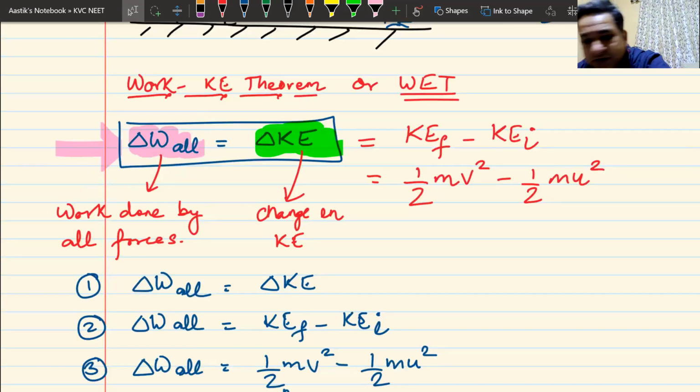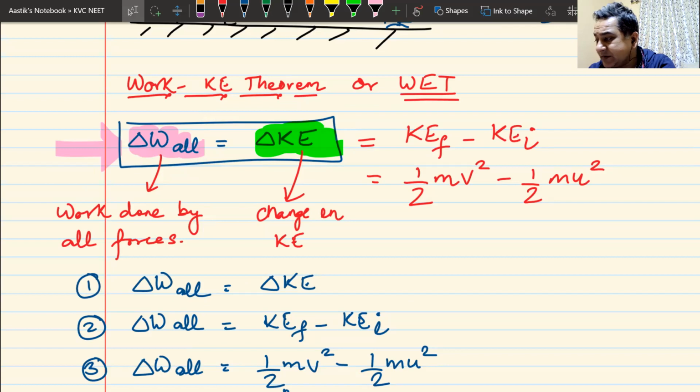The work energy or work kinetic energy theorem says that work done by all forces is equal to change in kinetic energy. When I talk about change, it means final kinetic energy minus initial kinetic energy, KEF minus KEI.